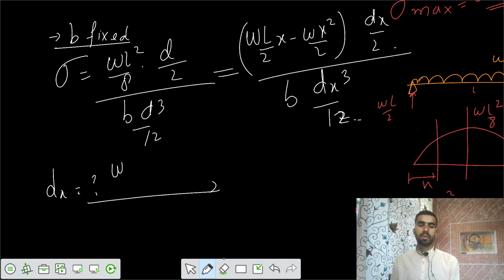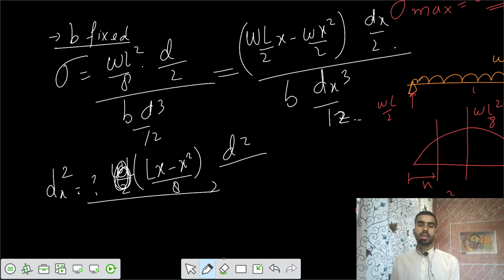In terms of some value wL by 2, w gets cancelled, so we are left with Lx minus x square by 4 by 8, then we have d square divided by L square, then we multiply that by 16.